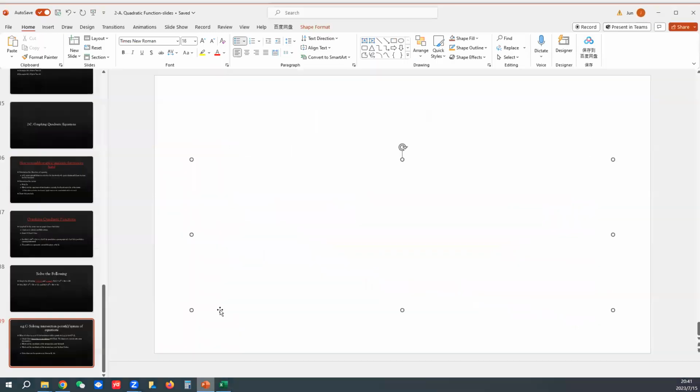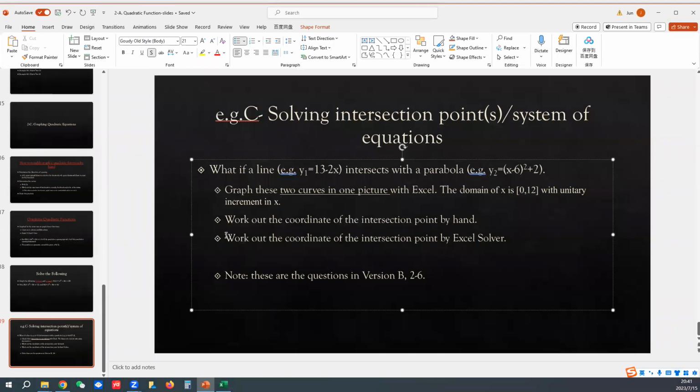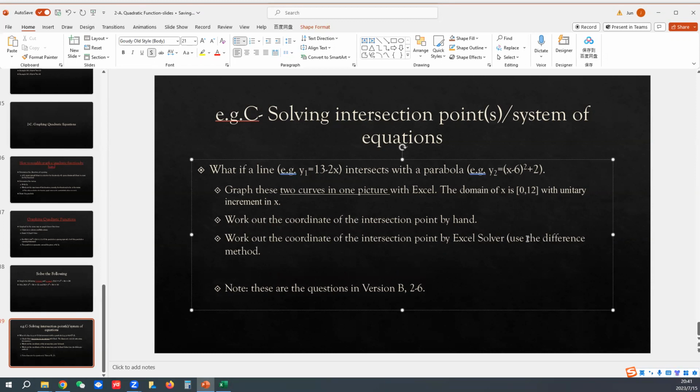Okay, now let's look at the third part, which is work out the coordinate of the intersection point by Excel solver. So actually here we can use difference method. The difference method.